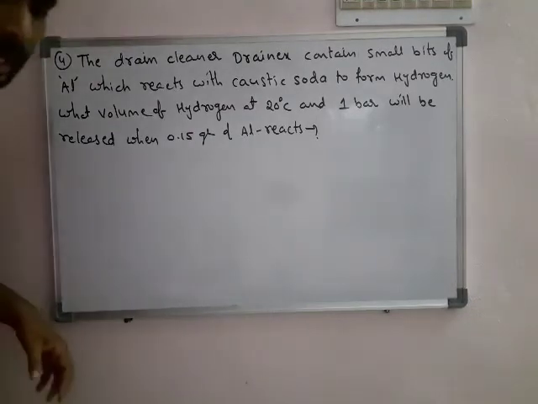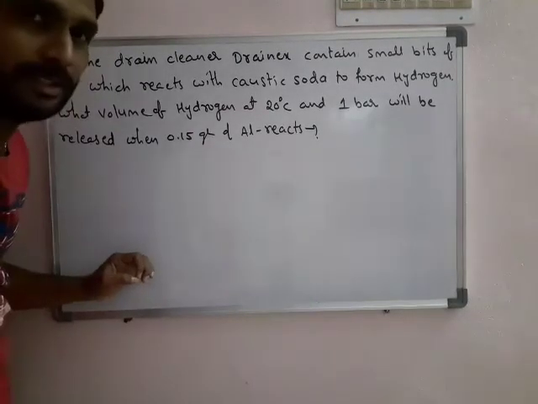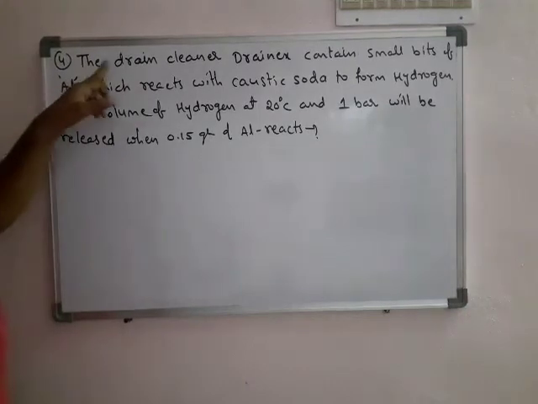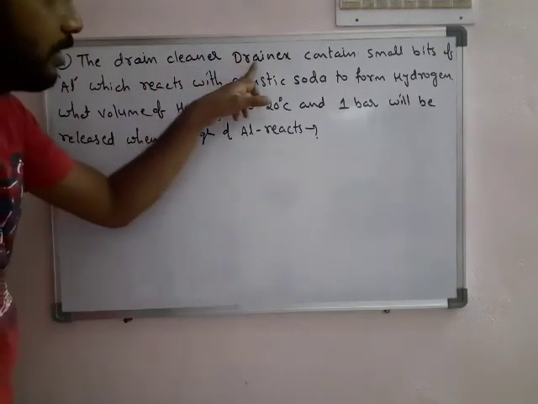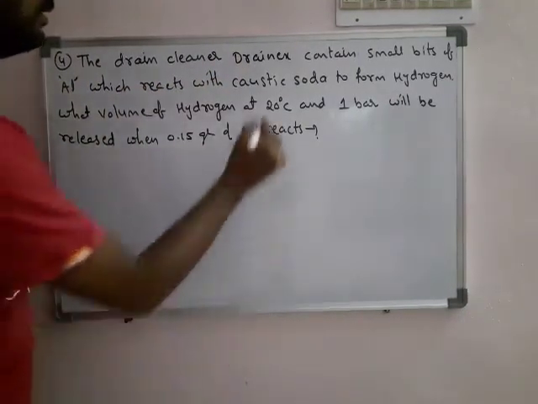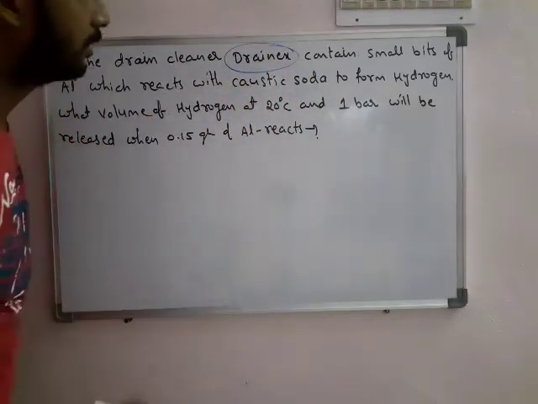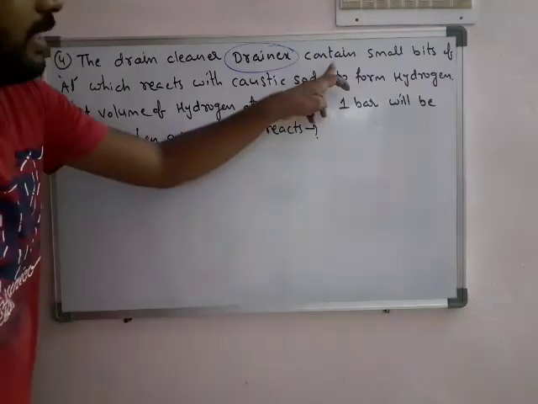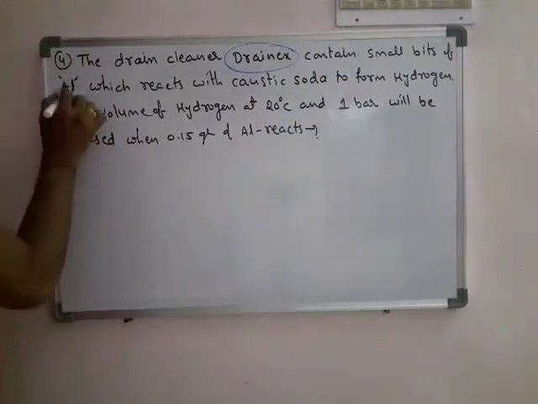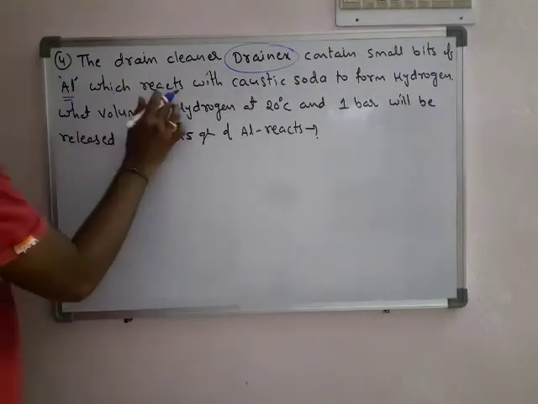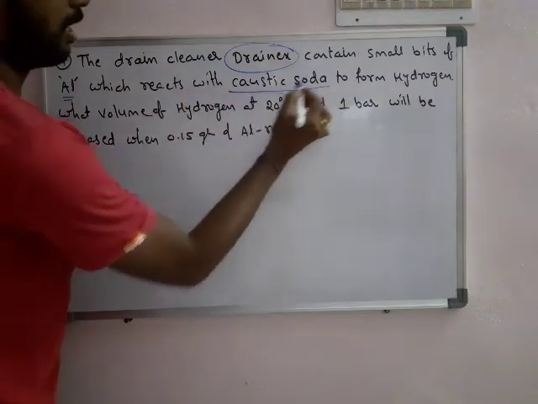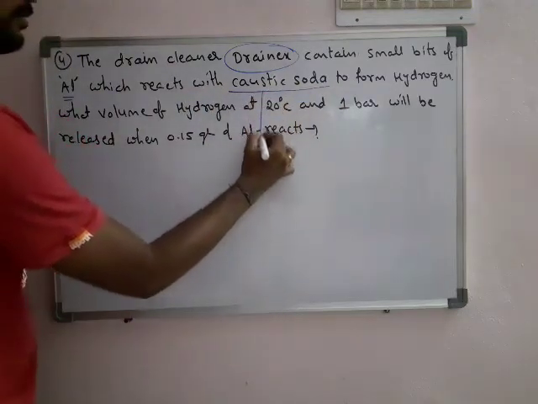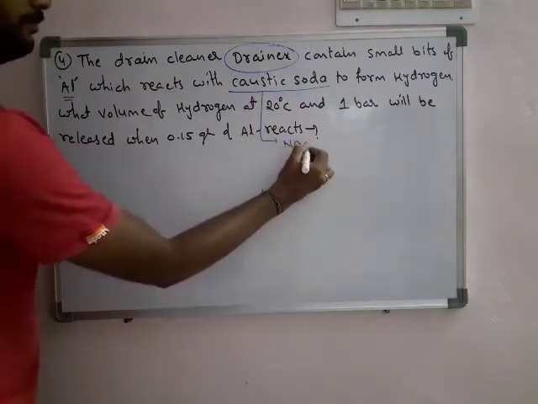Here another very important problem is the drain cleaner Drainex. It is used to clean drainages which contain small bits of aluminium, which reacts with caustic soda. What do we mean by caustic soda?